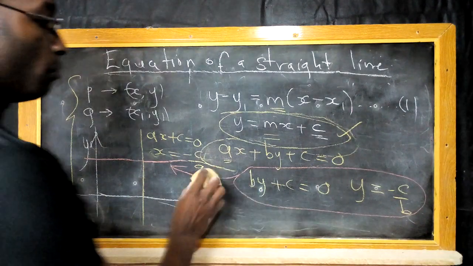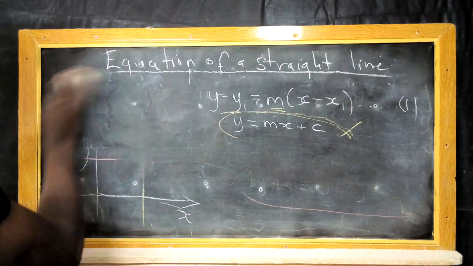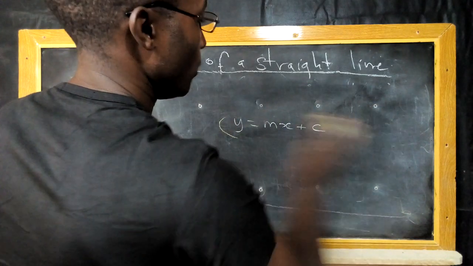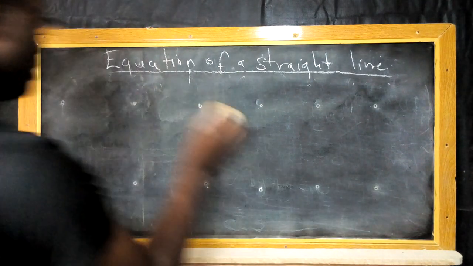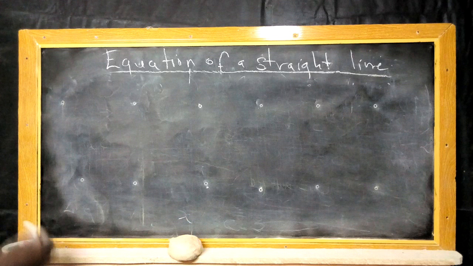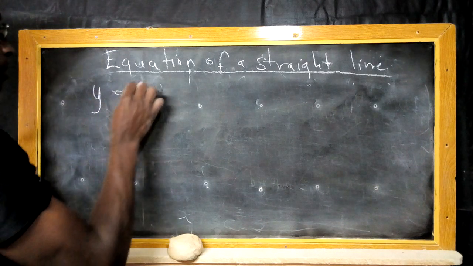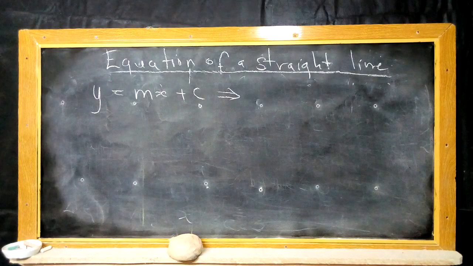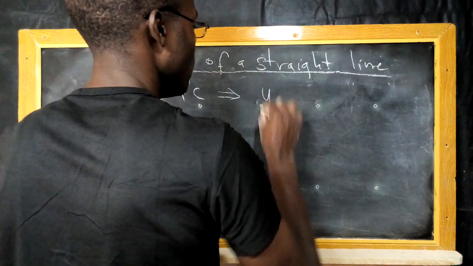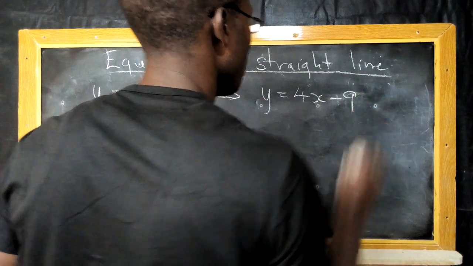Now, it is true that we can express one expression, given an equation, in a different form of the formula that we have stated. Suppose I give an example: a straight line of the form y = mx + c is given as y = 4x - 9.